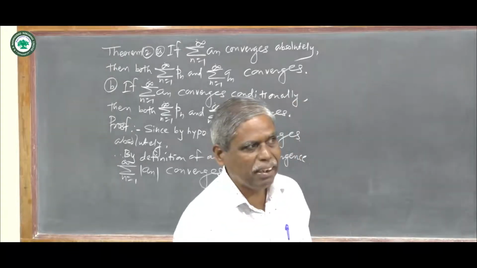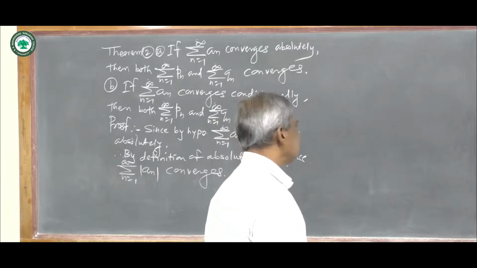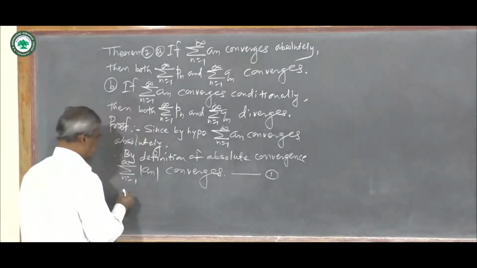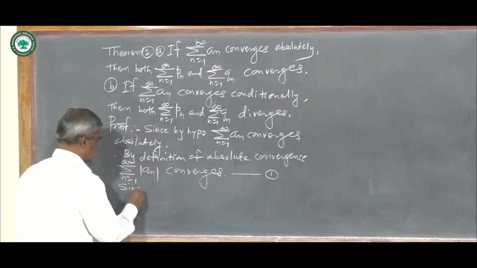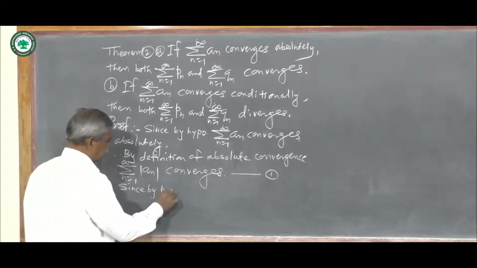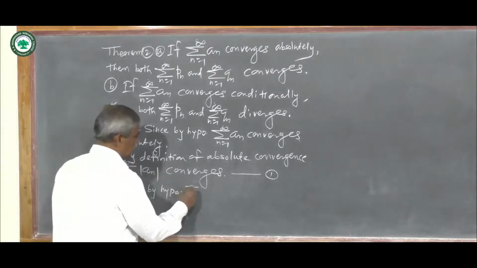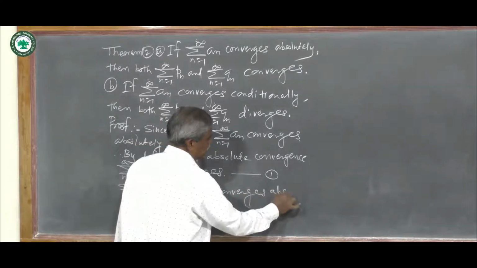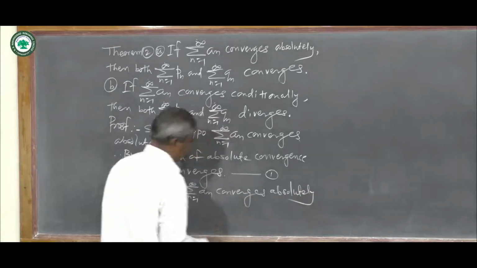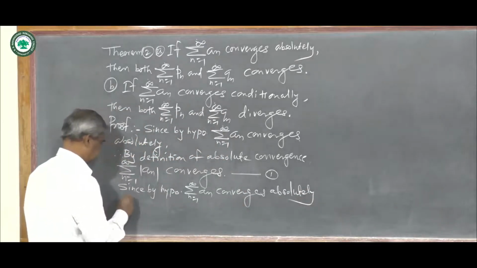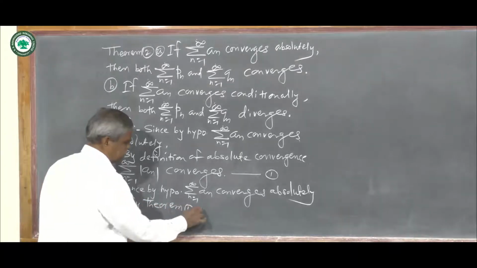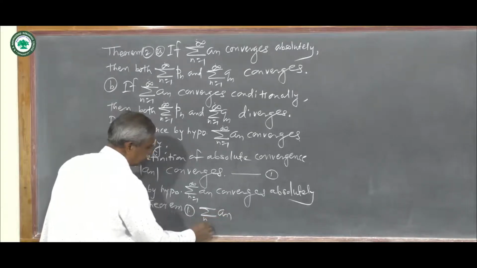Since sigma a_n converges absolutely, therefore by theorem 1, sigma a_n converges.